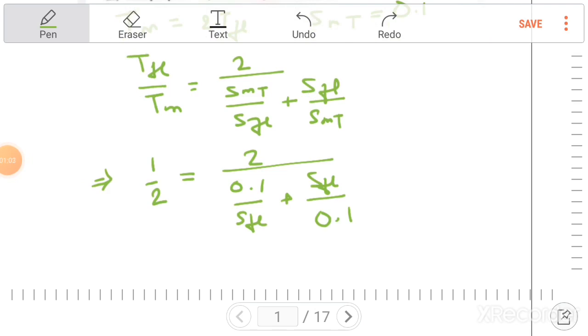So torque at full load divided by maximum torque equal to 1 by 2, and S at maximum torque is 0.1.